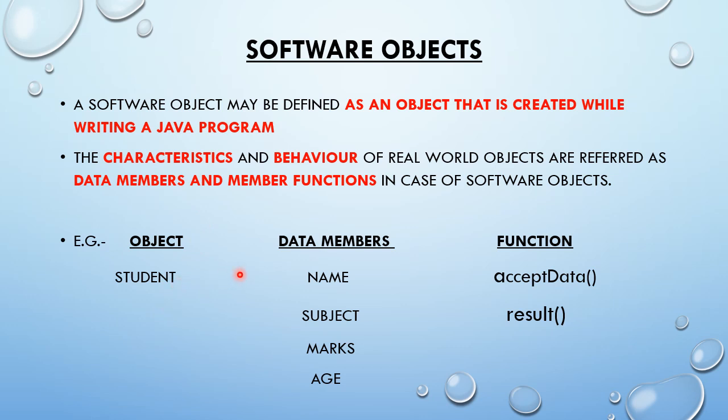What features can a student have, what are the characteristics, but the term we will use is data members. Now these characteristics will become data members of student: name, subjects, marks, age, height, color. So all these are features which we will refer to here as data members. Now the function.